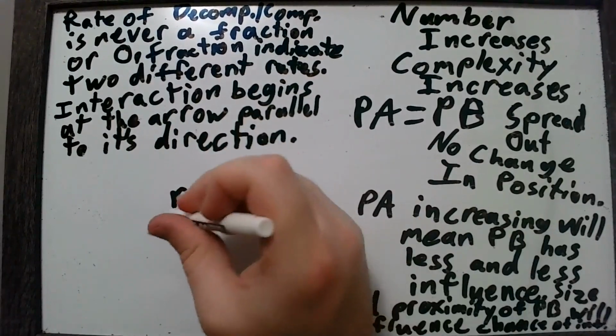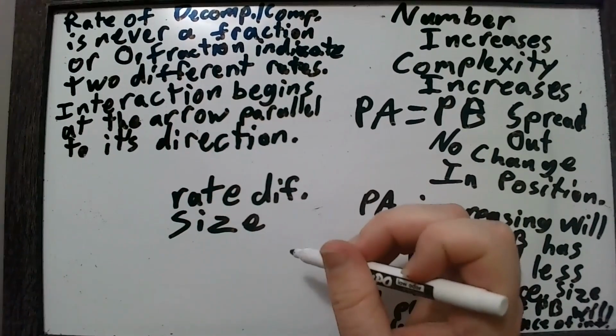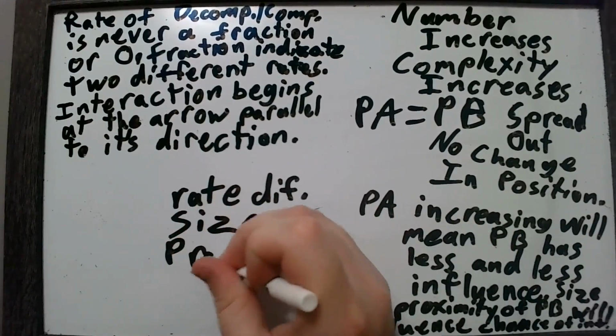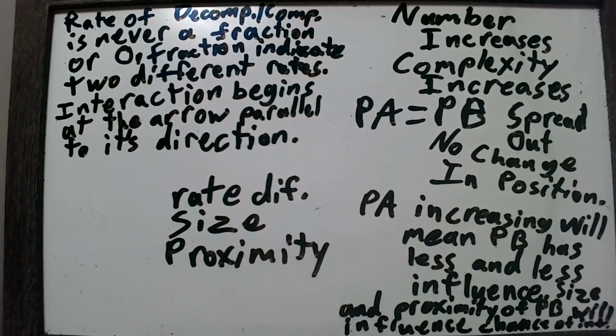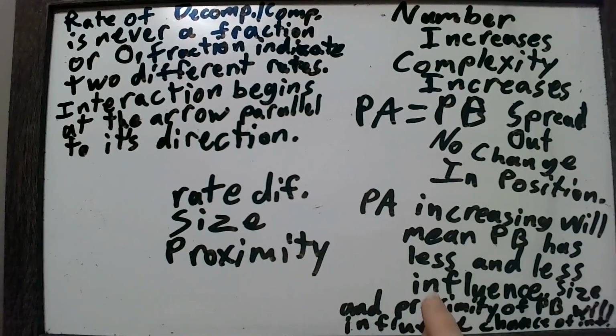You need to look at the size. You need to look at the proximity. All of these things determine exactly how much interaction PA will have with PB.